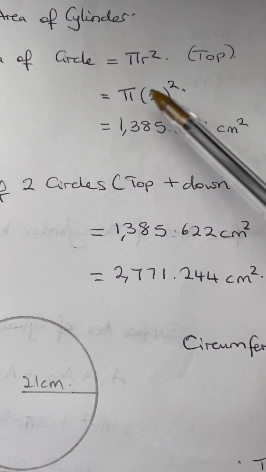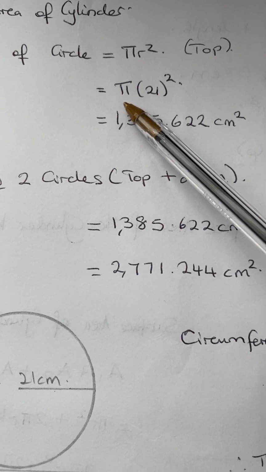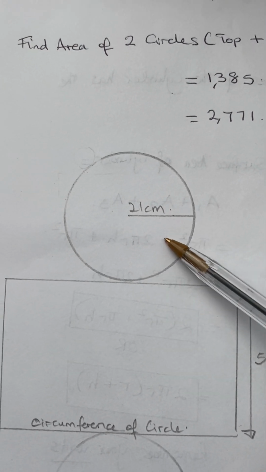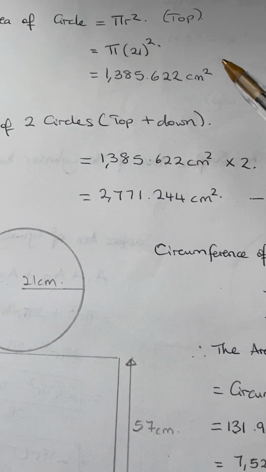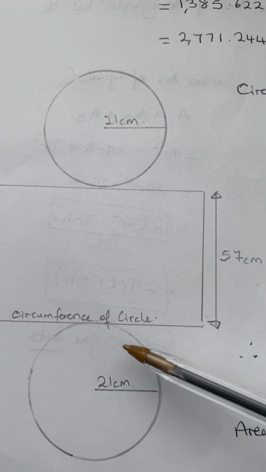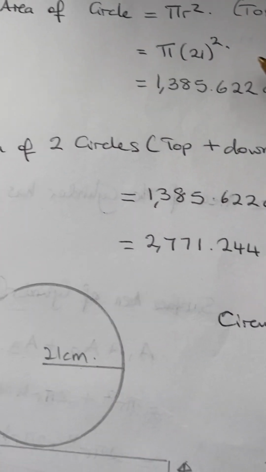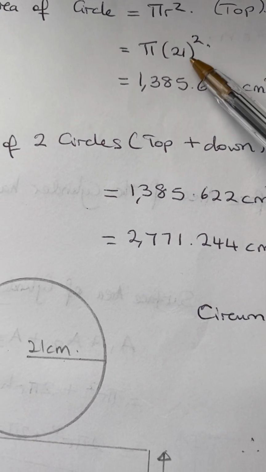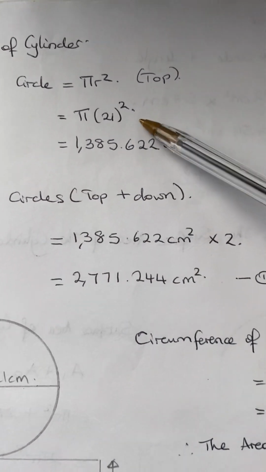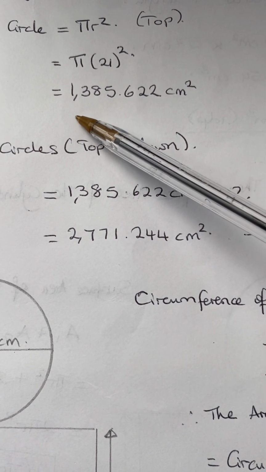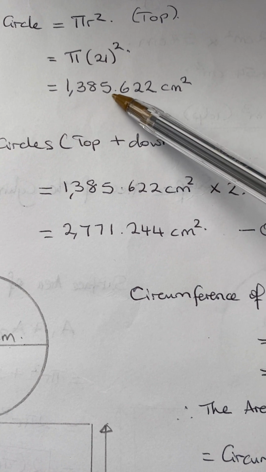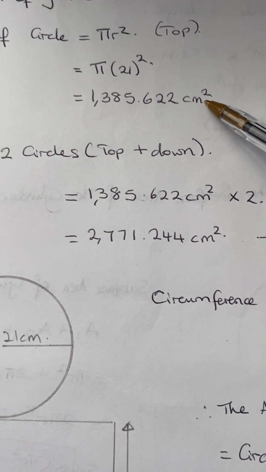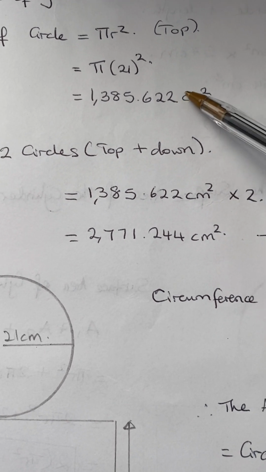We know pi, and r is 21 centimeters. Again, all our units are in centimeters. So pi r squared, so pi times 21 squared. If you do it correctly on the calculator, we have 1385.622 centimeters squared. That is the top part.